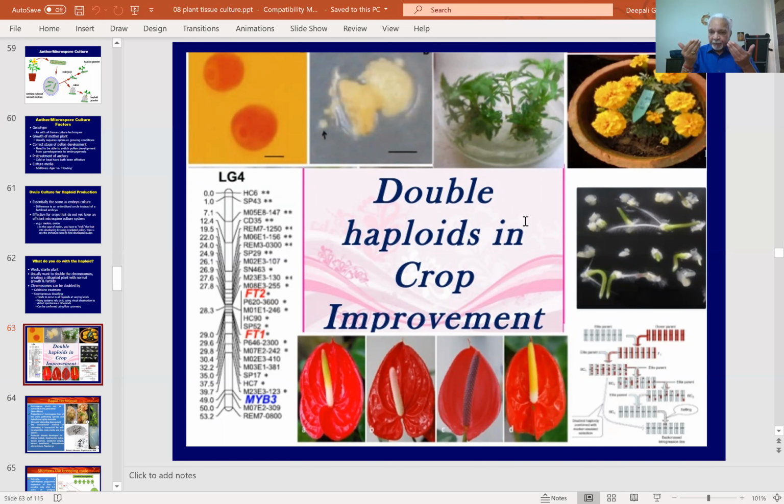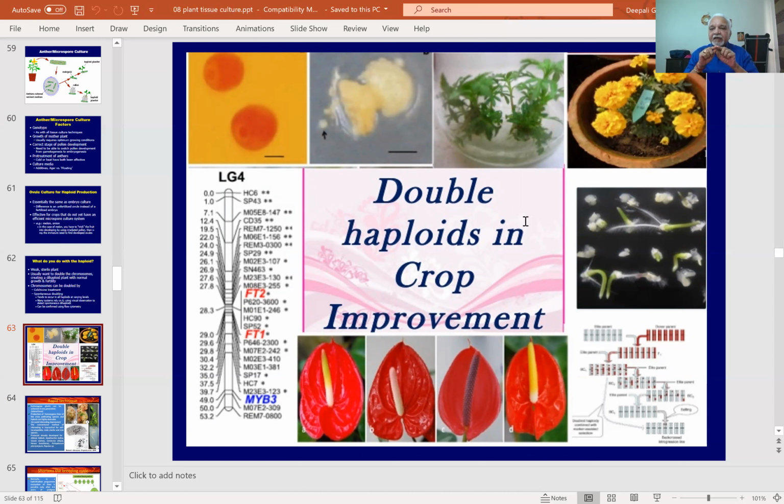People were able to culture anther or ovule and generate haploid plants which had half the chromosome number, or n set, as against the 2n number of a diploid cell. And these plants could be diploidized to produce dihaploids, and they were fertile plants. As I mentioned, haploid plants are sterile.